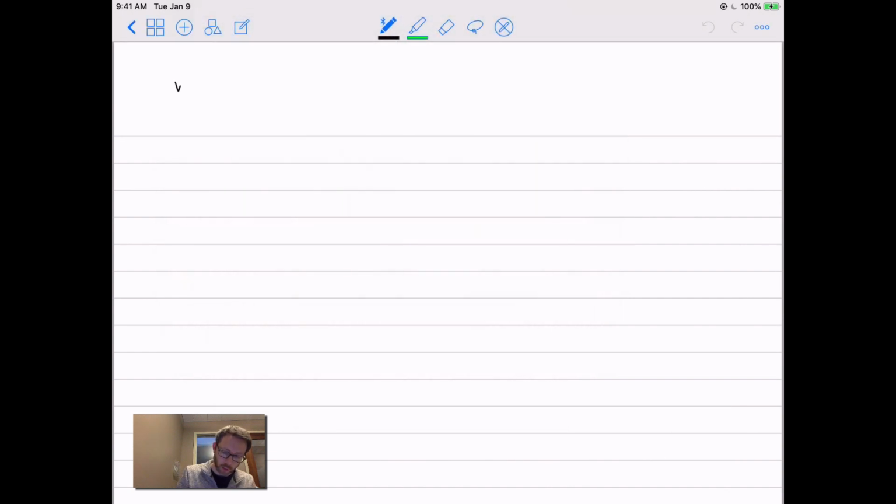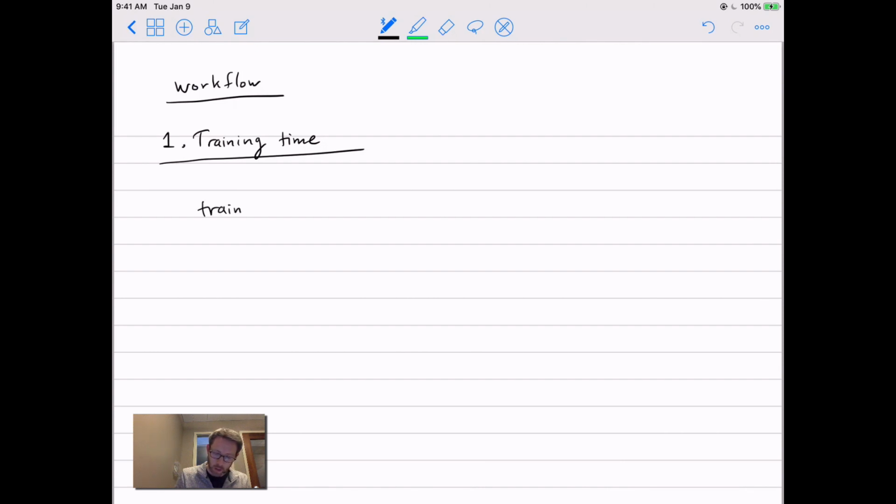So here's the general workflow. Basically, there's going to be two steps. One, we have training time. And at training time, that training data is going to go into some kind of a training algorithm.